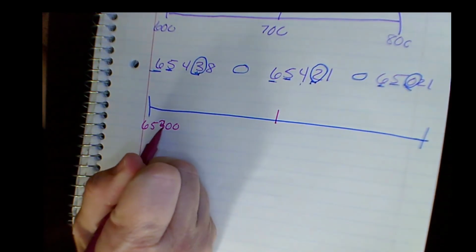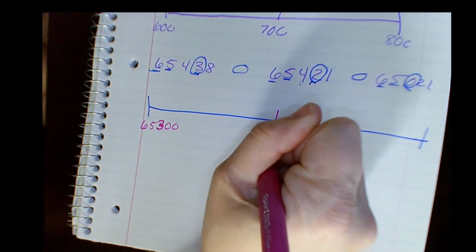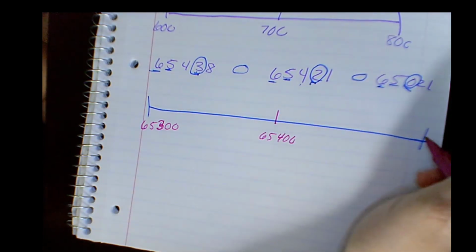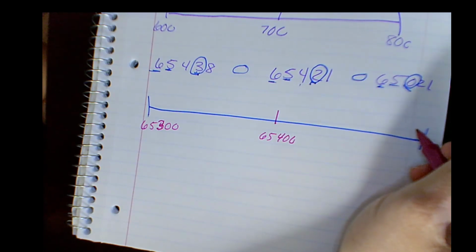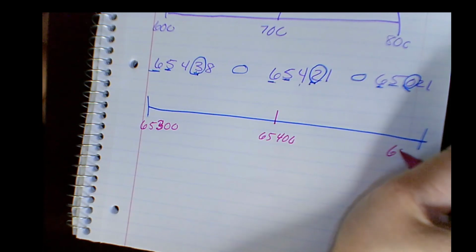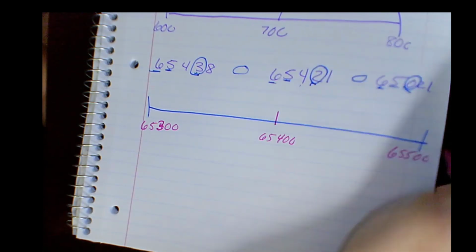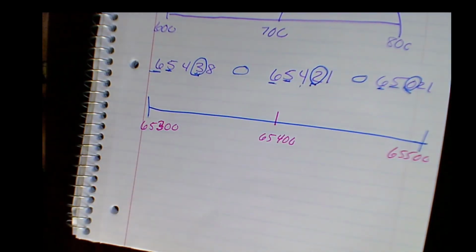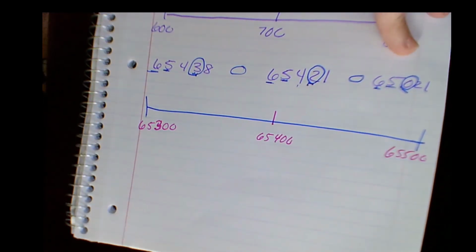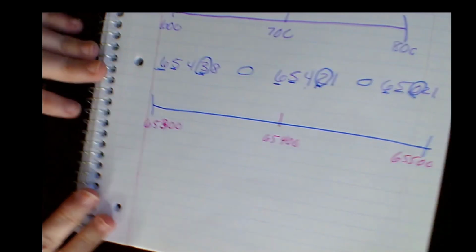Miss Chambers messed up. Here, it's going to be 65,400. And over here, we're going to just put 65,500. So this number line will only cover these first two numbers. It's not going to cover the third number yet. So let's not worry about that right now.